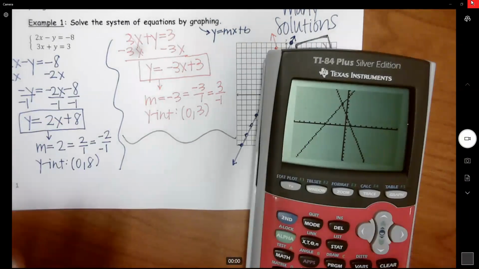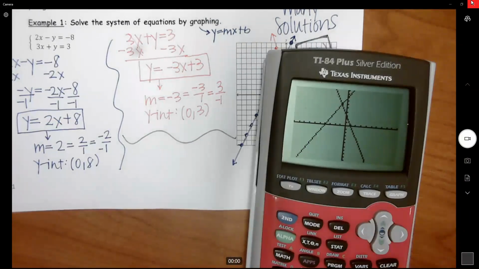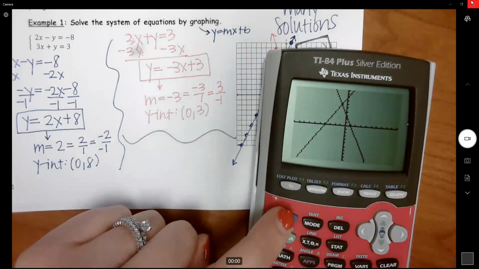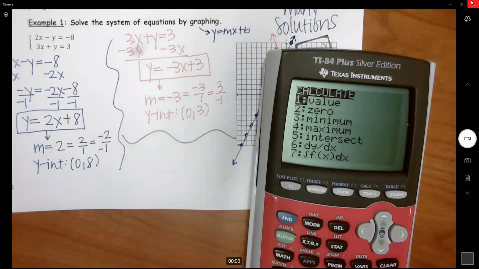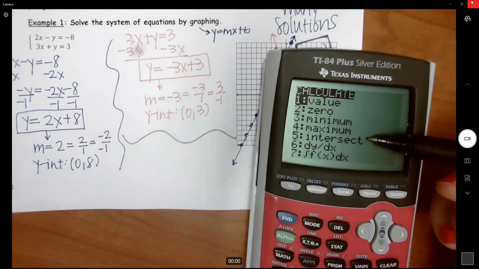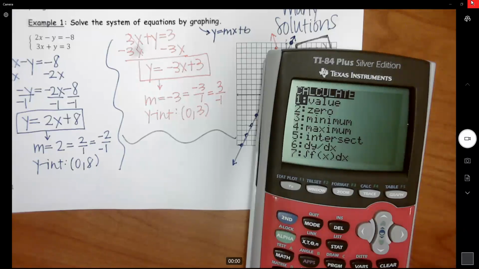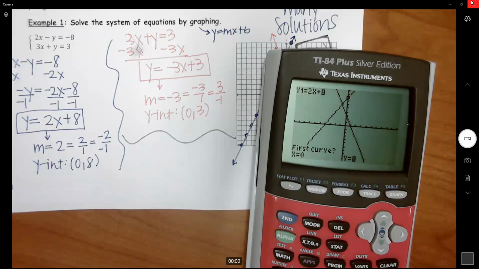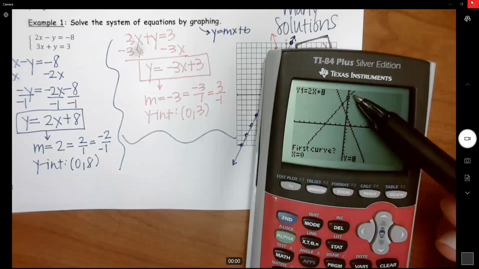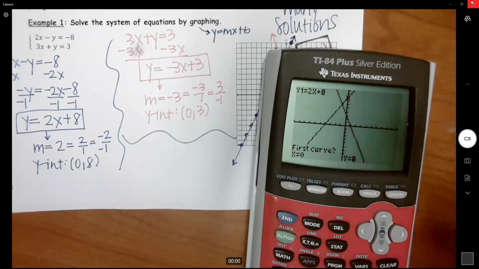Once you get those in, after you graph them, we're going to go second, calc. And I want to go here to intersect. I care about where these two are crossing each other. So you can either arrow down to 5 or just push 5 on your keypad. It's going to ask for your first curve. It's on my first curve, so enter.